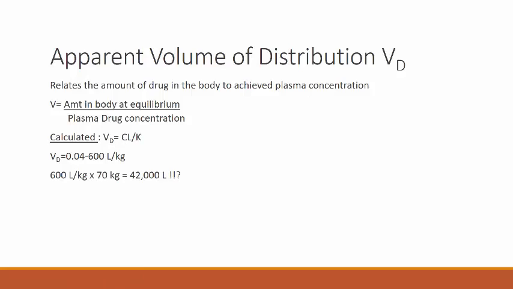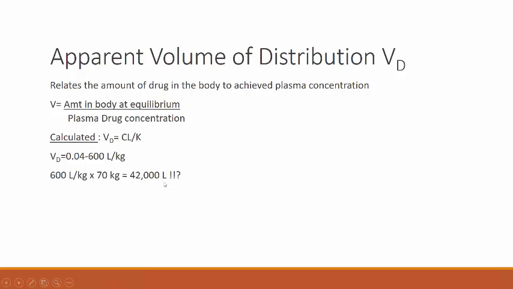Now, for the drugs that we have thus far, volume of distribution will range between 0.04 liters per kilogram to 600 liters per kilogram. So think about that, 600 liters per kilogram. If we have a normal size person, a 70 kilogram person, and a drug that's distributing into 600 liters per kilogram, that would be 42,000 liters.